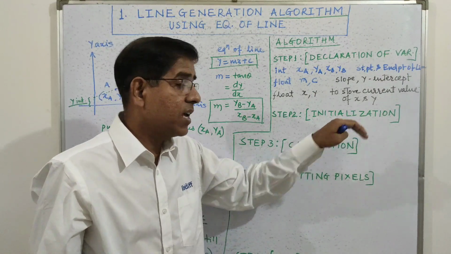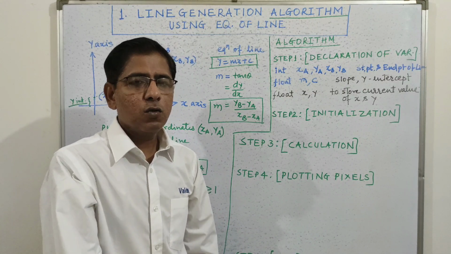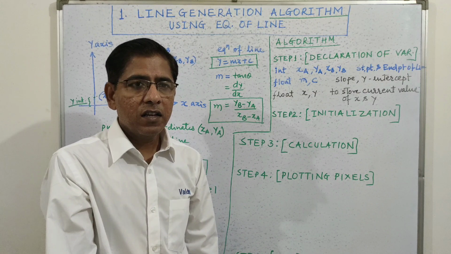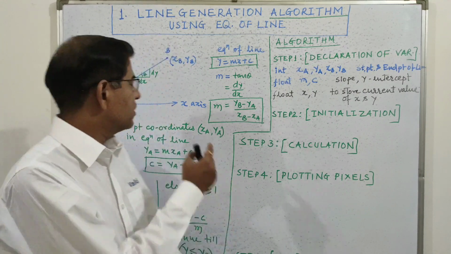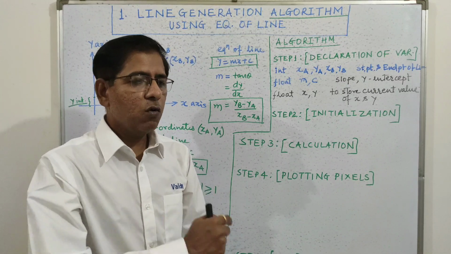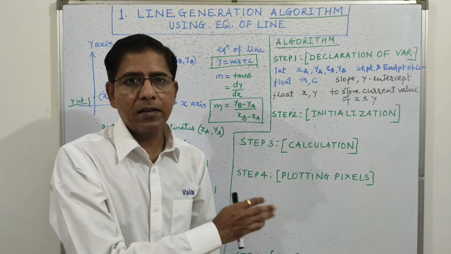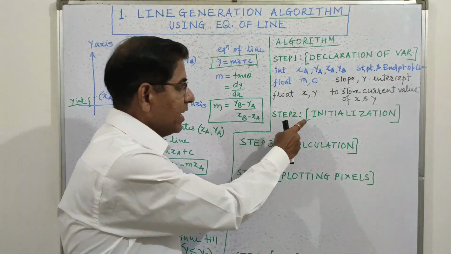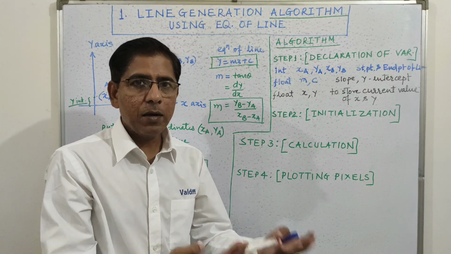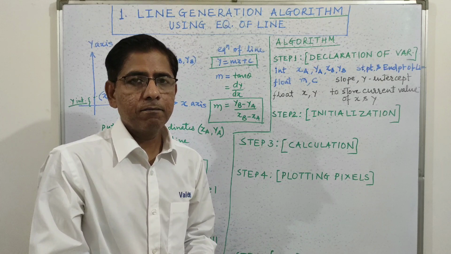Now what is initialization? Now if somebody asks you to draw a line, then he must give the start point and end point coordinates. Without giving start point and end point coordinates, you cannot draw a line. So initialization is a step where we call the variables which are required to draw that particular entity.